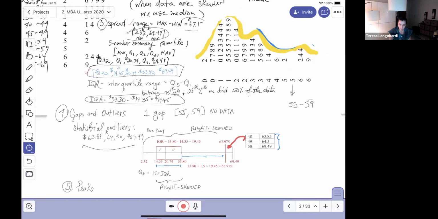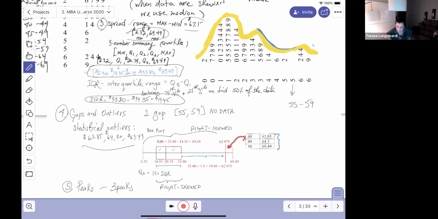To identify the peaks, you have to tell me the modal class of the peak, in other words, the highest class.